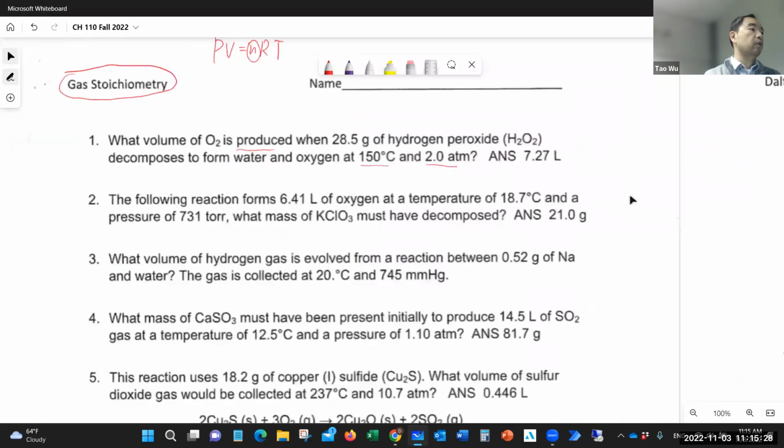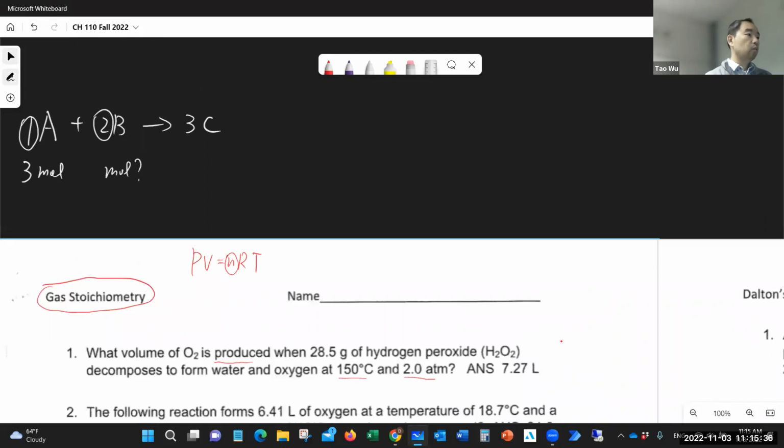First of all, we need to set up the equation. Without the equation, you cannot solve anything. Here we have hydrogen peroxide, a liquid, and it's going to decompose to water plus oxygen gas. Then you balance this equation, so this should be 2 over here, and then we have 1.